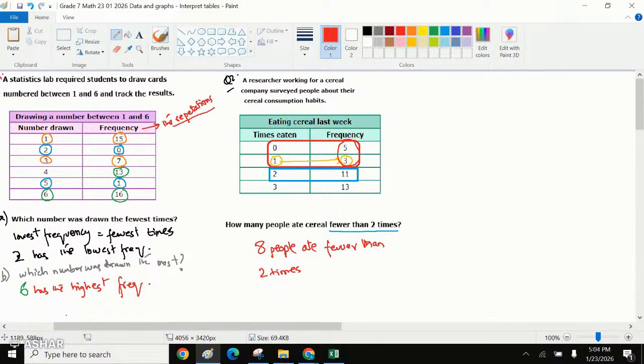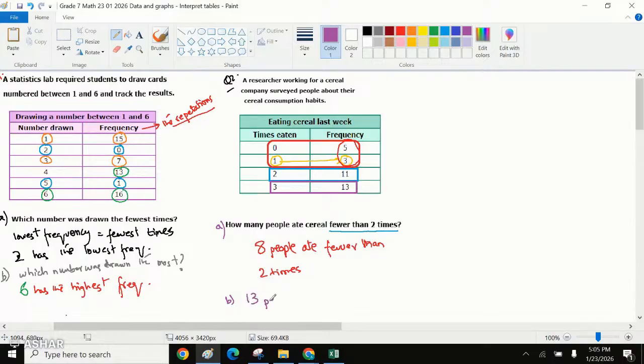If they would have asked us how many people ate exactly 2, then we would say 11 people did. If they would have asked us how many people ate more than 2, then this would be more than 2, right?